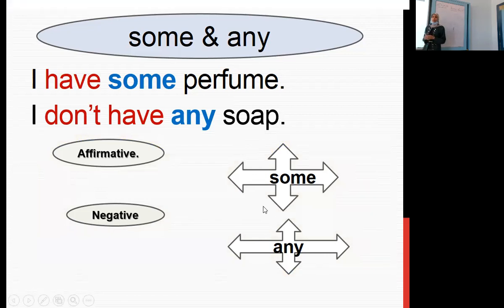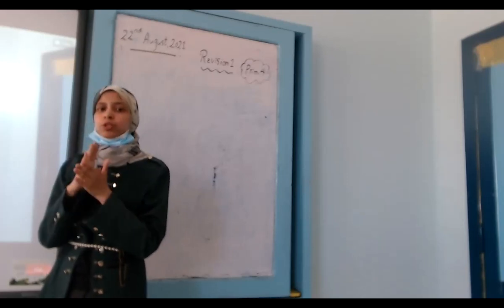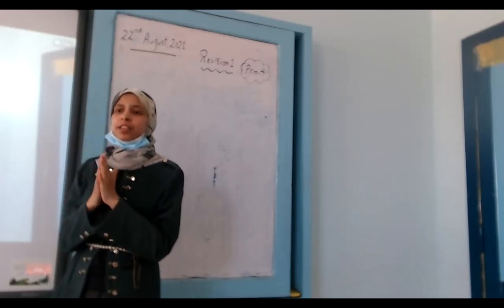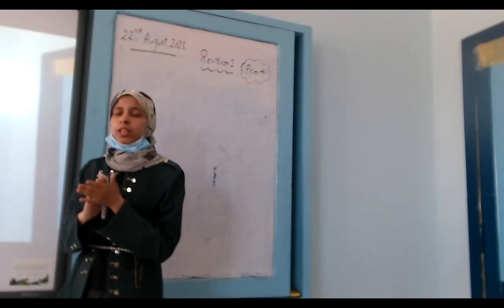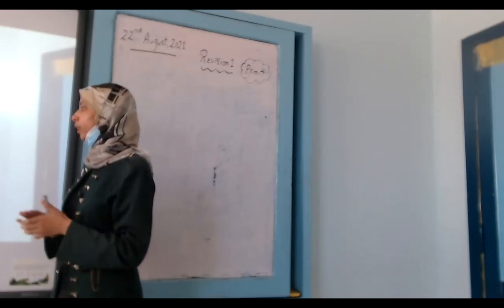And if it's singular pronouns like he, she, or it, we have to add doesn't before the verb to have. So notice we do not have has in the negative sentences. With any, we do not have has. Okay.